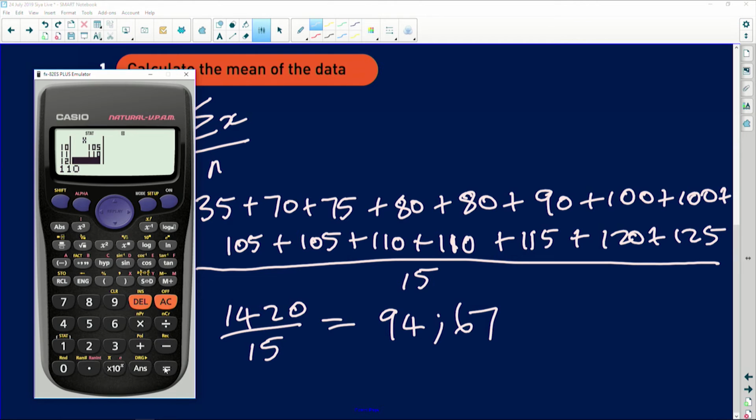Then 110, 110, 115, 120, and then 125. You will see it says 15 terms there, then you just press all clear.